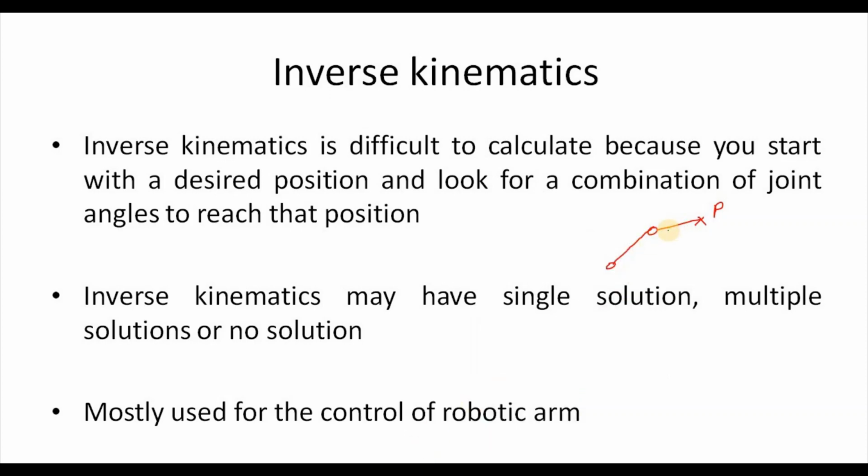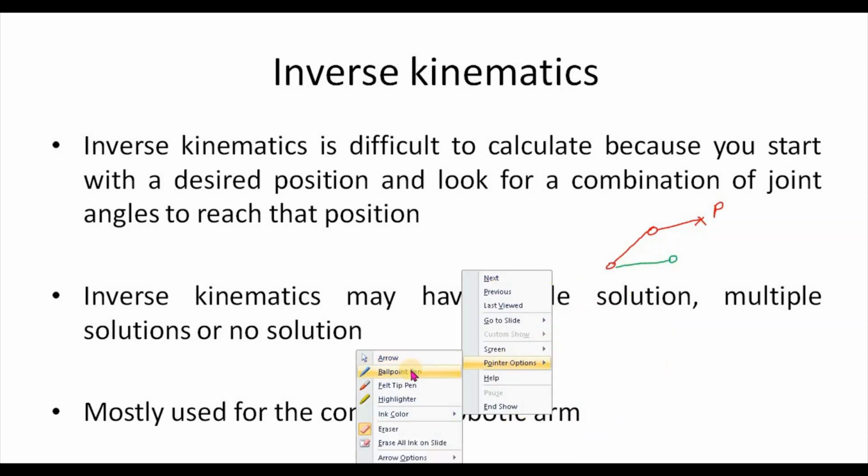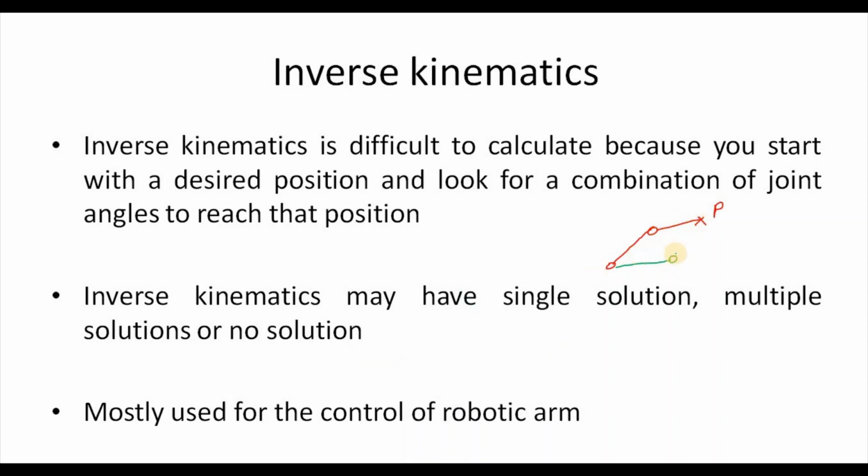For example, a robot can have this configuration and reach your point P, but it can also have something like this configuration, and still it's able to reach your point P. So that's why there can be different values of your theta 1 and theta 2, the angles. That's why they call it having multiple solutions.